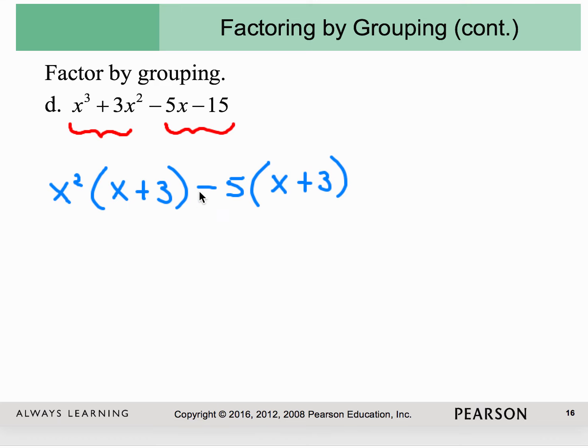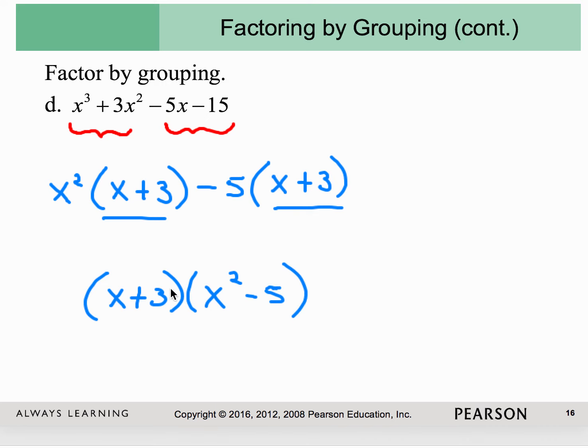So be careful if you have a minus in between these two groups. Now, they each have an x plus 3 in common, so I'm going to factor that out. And then my remaining factor is x squared minus 5.